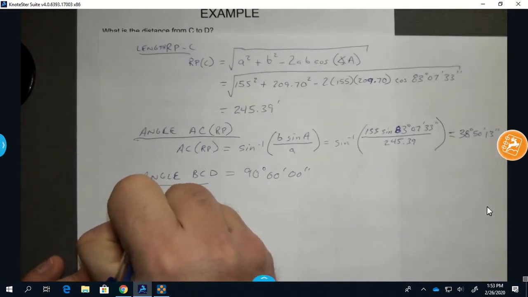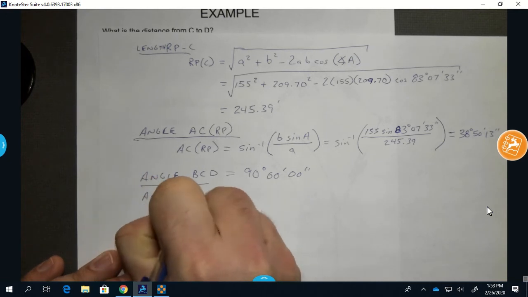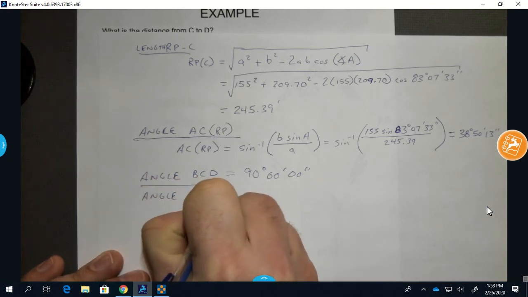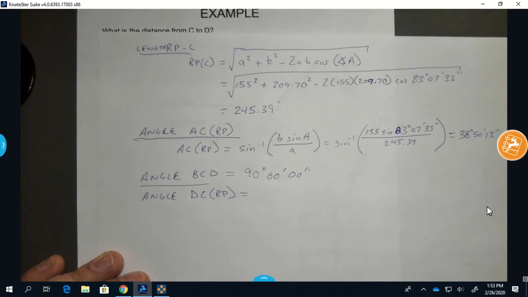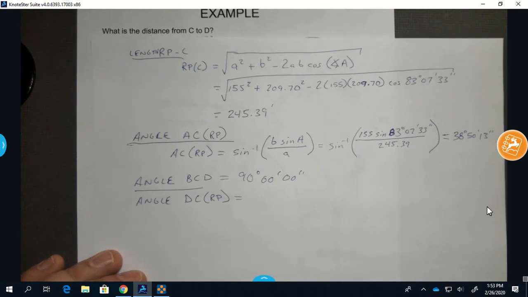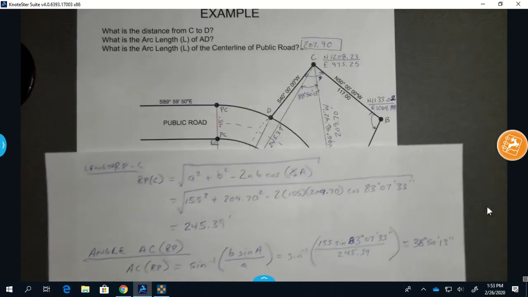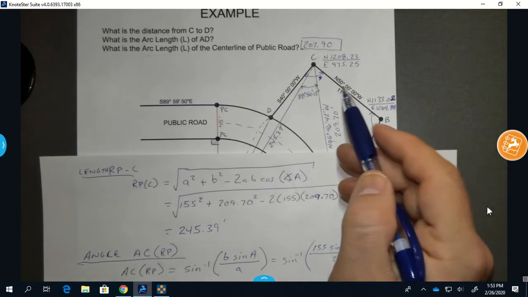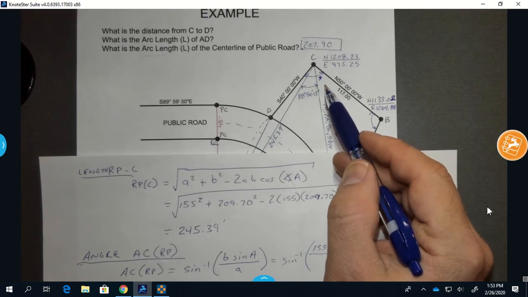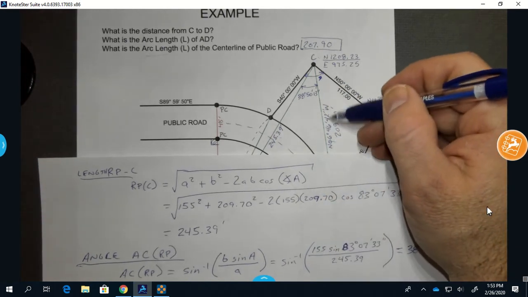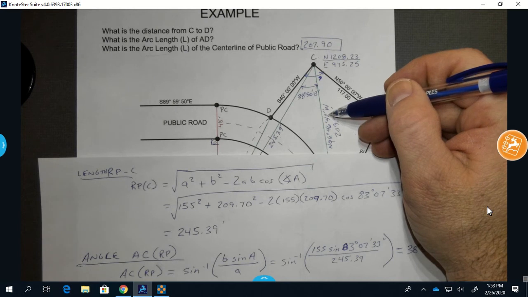So angle DCRP is, let's see here, what do we know? Well, we know that this bearing is there.